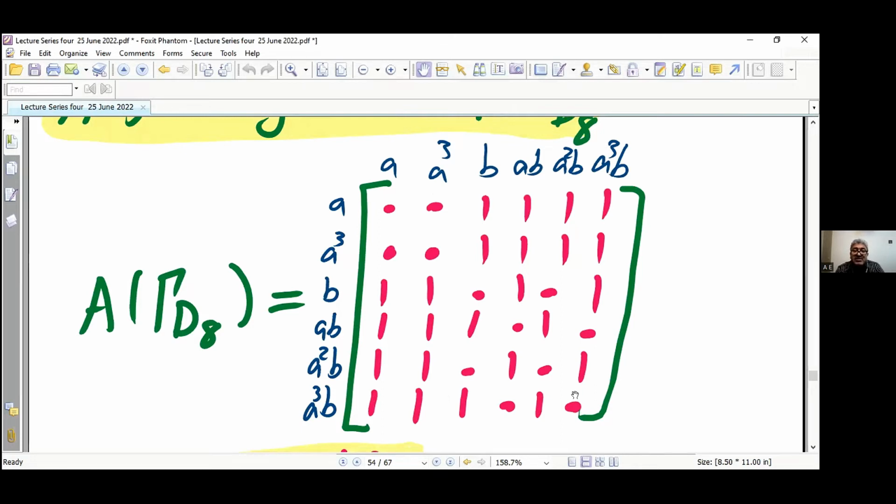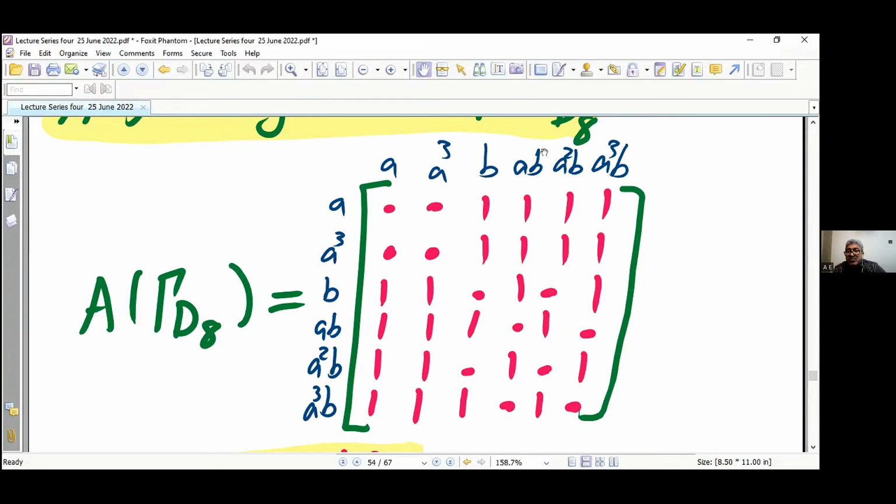And you can see here, for example, A and A is 0 because we don't have an edge between them. A and A cube is also 0 because A and A cube commute. A and B is 1 because A is adjacent to B. And similarly, A is adjacent to AB, we have 1.